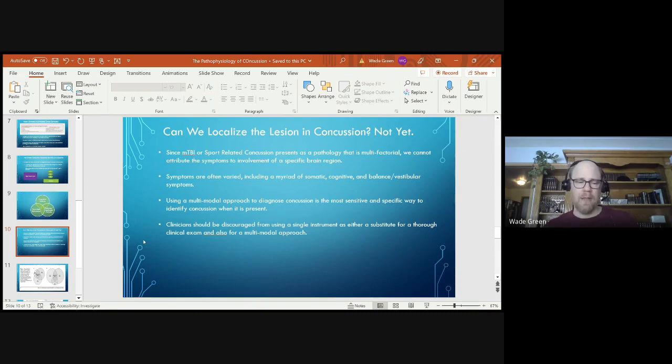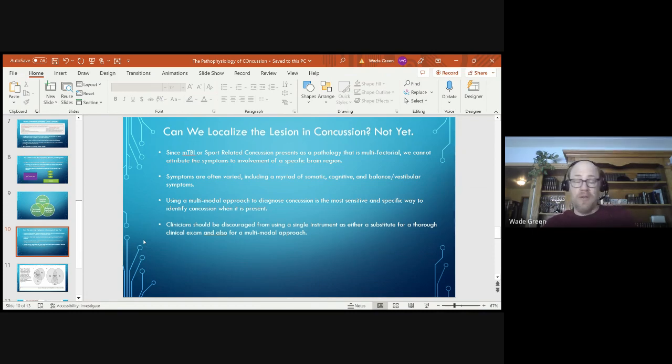Now the big thing that we'll learn here is that we need to use a multimodal approach when diagnosing concussion. As we'll learn shortly, and as we're going to reinforce over the coming weeks, no one test, and this goes with anything that we do, even a shoulder exam or a knee exam, no one test we use is perfect, like we learned about with specificity and sensitivity.